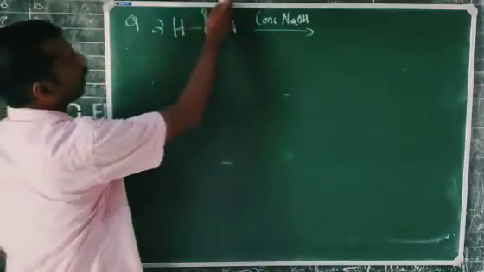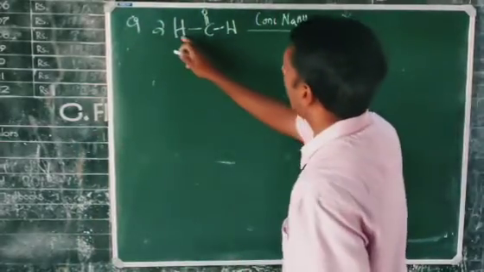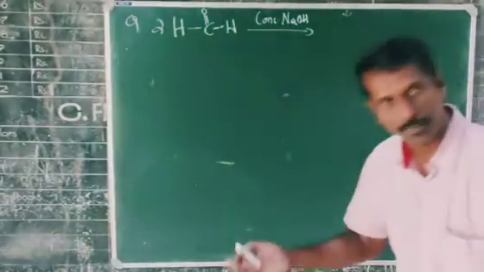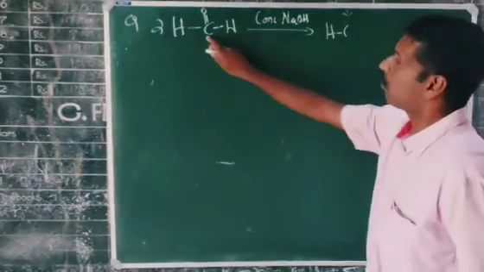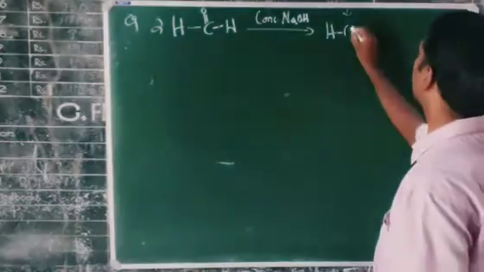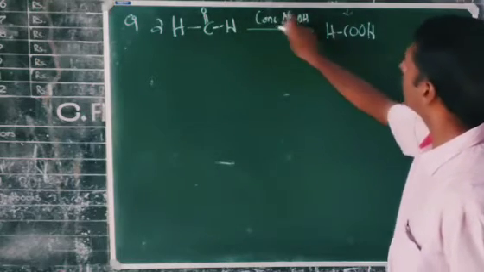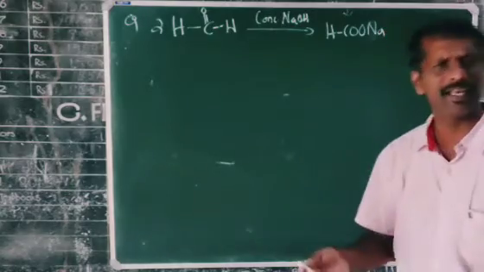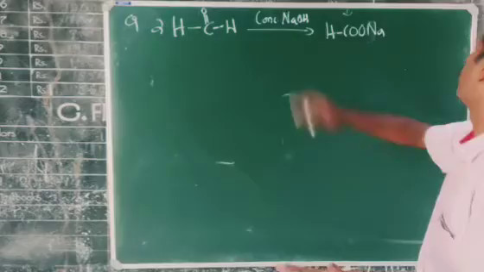One of the molecules will undergo oxidation, and we know that aldehyde on oxidation will change into the corresponding acid. That means if you take a one carbon aldehyde, you get a one carbon acid. Since we are using concentrated NaOH, you can write HCONa, the sodium salt of formic acid.